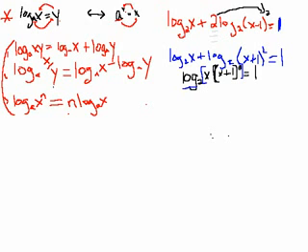The base is 2, so we get 2 to the other side, which is 1, equals x times, and I'm going to multiply this out, x squared plus 2x plus 1.